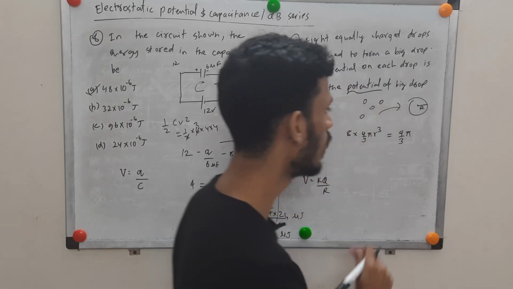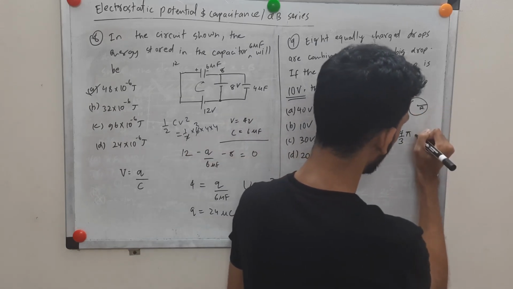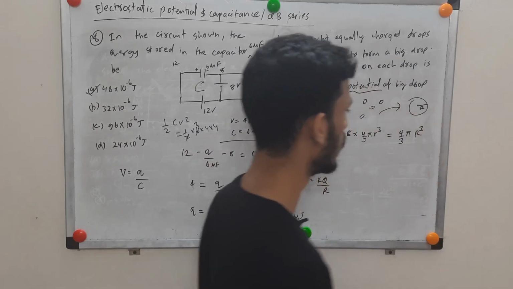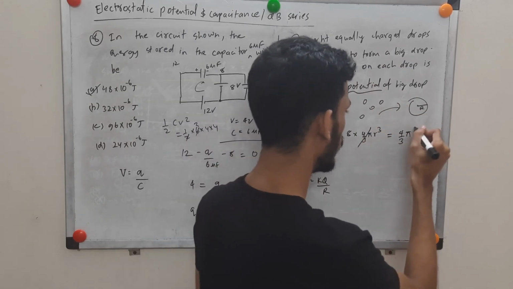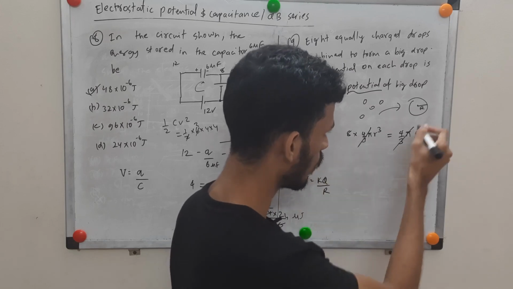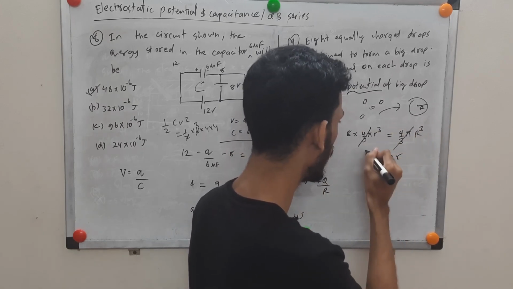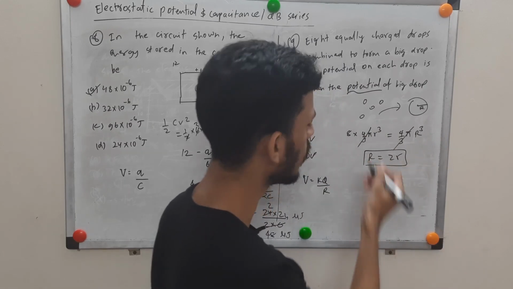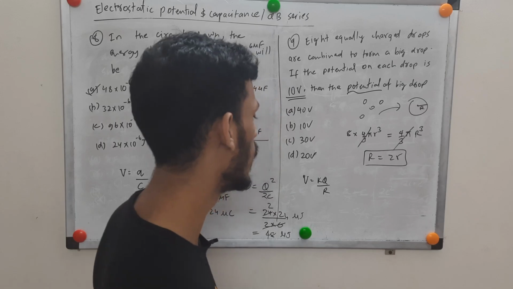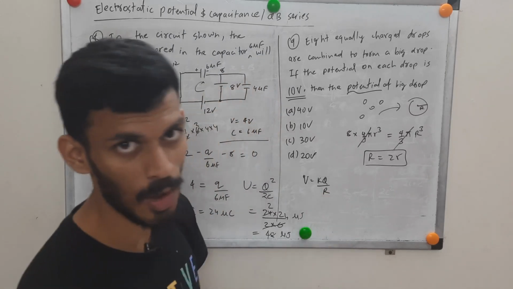So for this one we have 4 by 3 pi R cubed. Now you can see 4 by 3 pi cancels. If you take the cube root on both sides, R will be 2 times r, since 8 is 2 to the power 3, so the cube root of 8 is 2. So you know capital R in terms of small r.